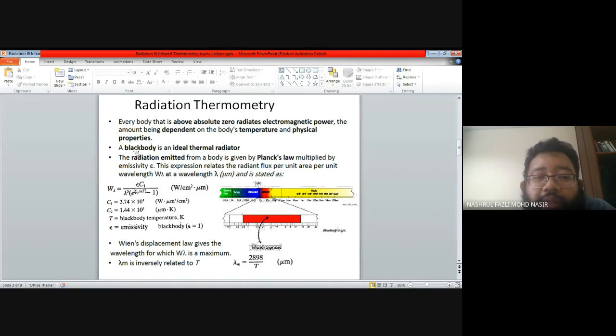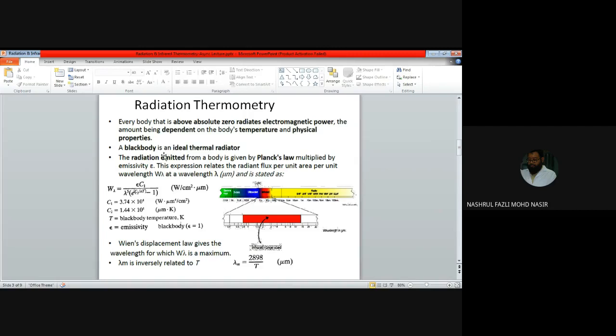So you have a situation which is called a black body. What is a black body? I know you can refer to notes on the internet, but to summarize, a black body is a body which is black in color. Why black?